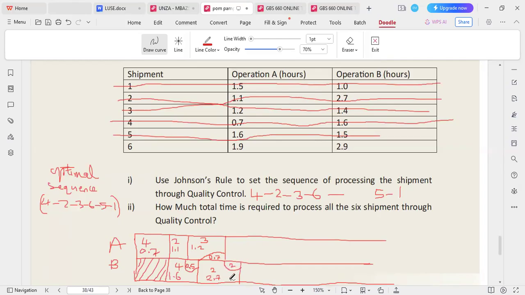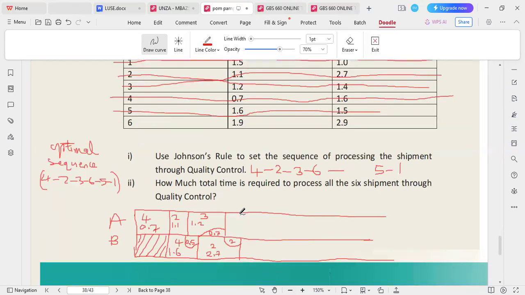Okay, so by the time they finish running job 2 in operation B, they would have started working on job 3 in operation A. So here we're simply saying, by the time they finish running job 3 in operation A, it's taking 0.7 hours longer than this one.